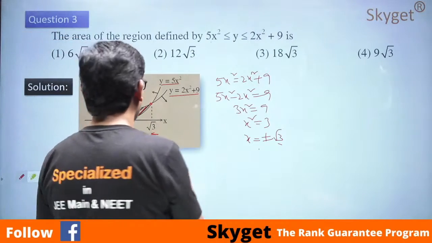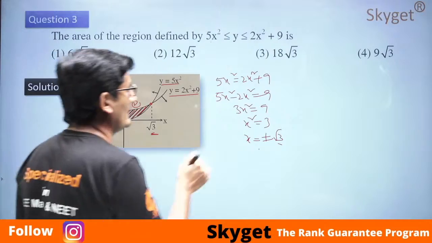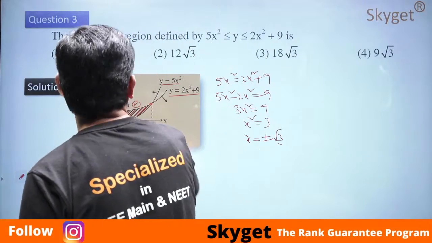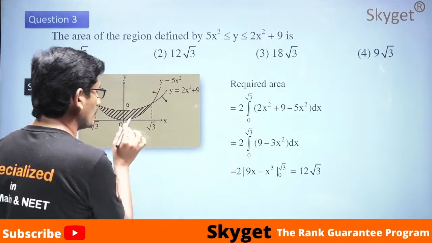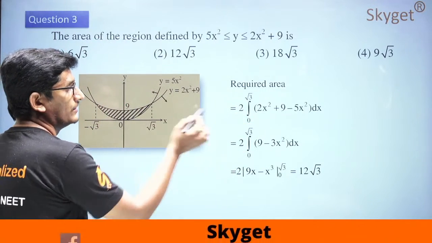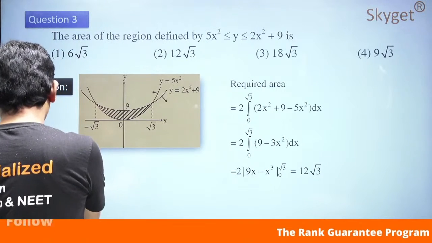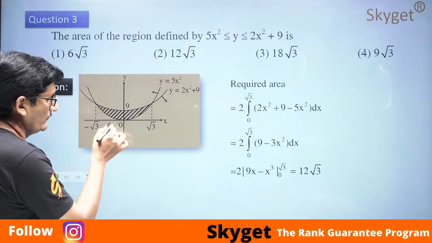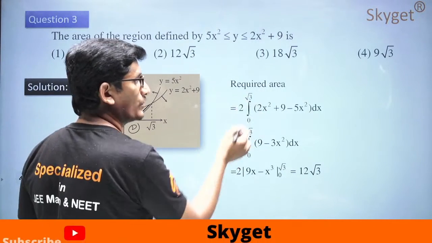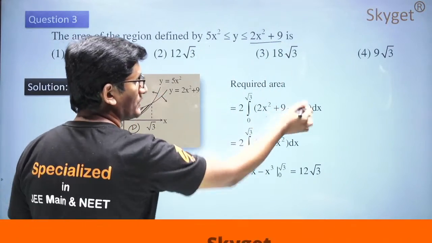Now we need the required area, this area we need here. So see, this is the first part and the second part, we can write 2 times the integration of y1 minus y2, 2 times the integration from 0 to root 3, since we have taken the first part and the second part. So 2 times the integral from 0 to root 3 of the first curve 2x square plus 9 minus the second curve 5x square dx.